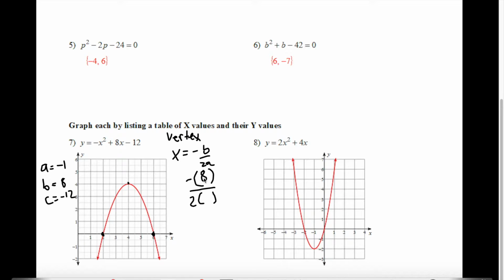Notice there's only one negative sign now because we had a positive B, so we don't have to worry about 2 negatives making a positive. What we do have to worry about, though, is the -1 for our A value. So we'll put that in there. So it turns out that these negative signs will cancel out because we'll have -8 over -2, which will just be +4.